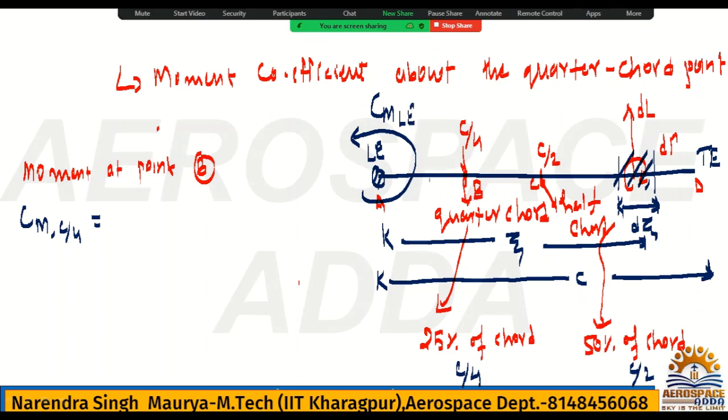So if you want to calculate moment at this point, quarter chord, you have to write CM, pitching moment coefficient, CM, L, E, it is quarter chord, so write CL by 4, lift coefficient CL by 4.